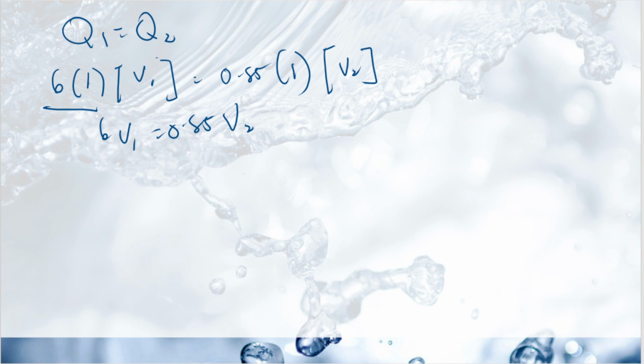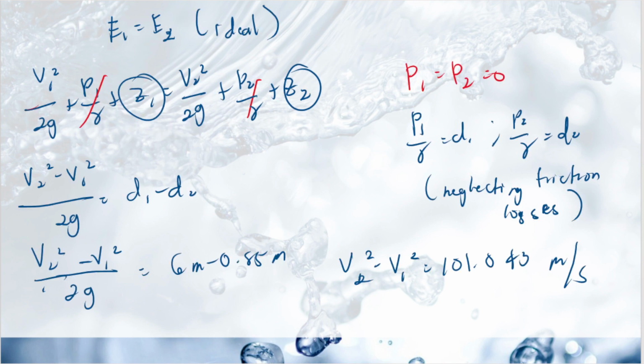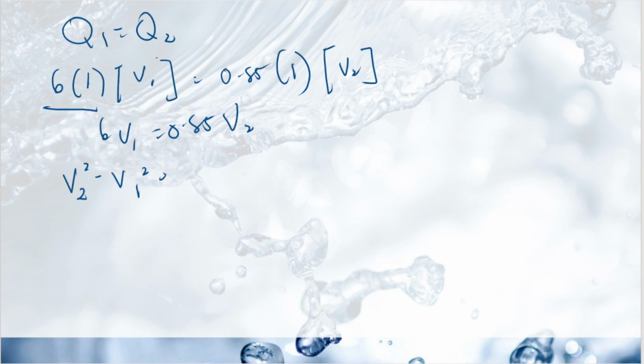So let's go back to the earlier equation. V sub 2 squared minus V sub 1 squared is equal to 101.043.